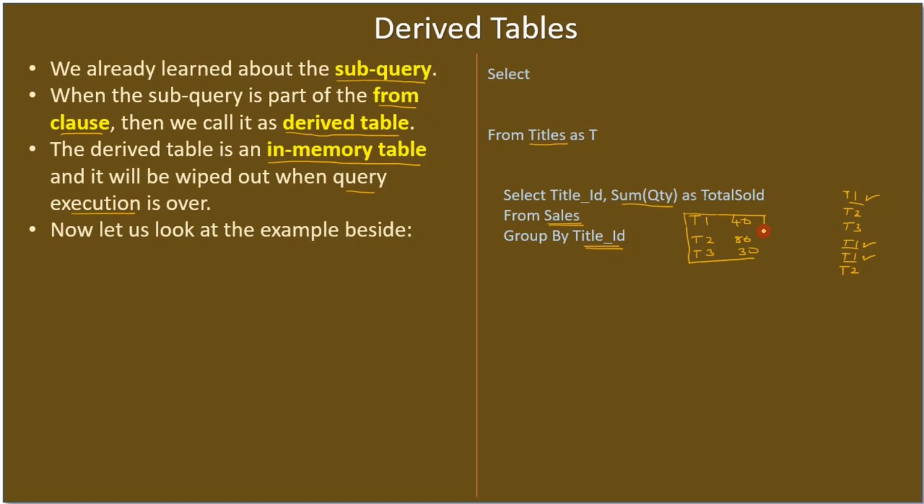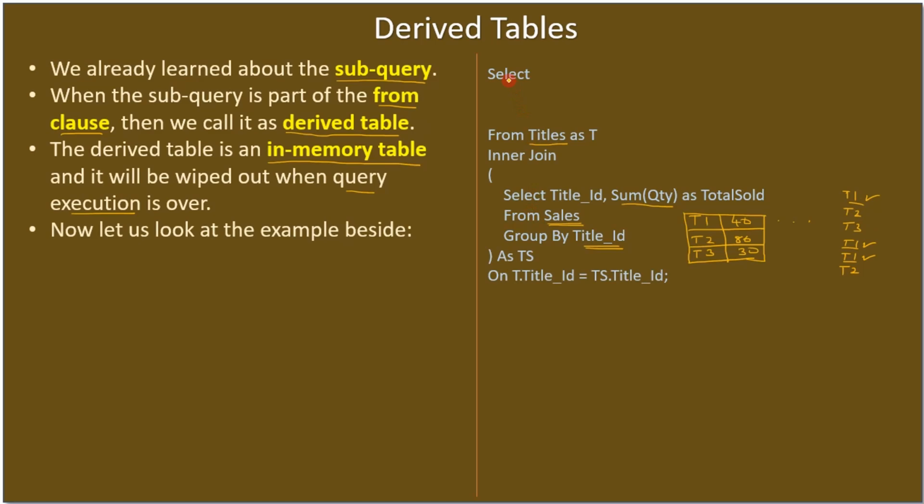We know that in an aggregate query we cannot include multiple columns. We can keep the aggregate function and the column that participates in the group by clause. So if you want to use multiple other columns, we can use a derived table. That's what we are going to do. This is the aggregate query, and this will act as a derived table.